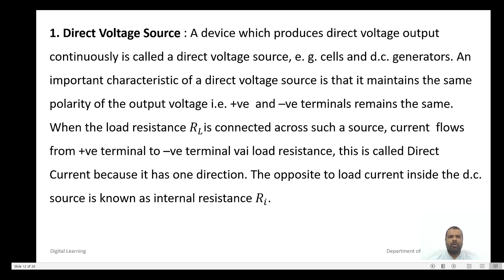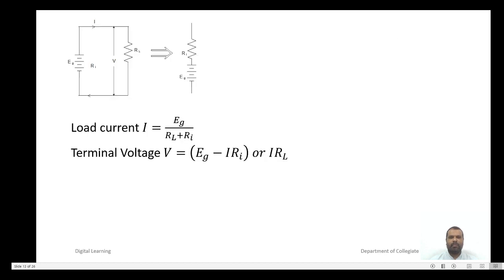This is called direct current because it has one direction. The opposition to load current inside the DC source is known as internal resistance. It is denoted by Ri.